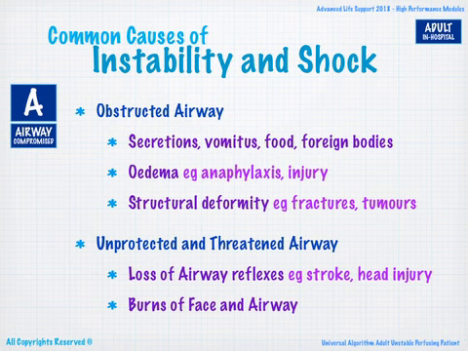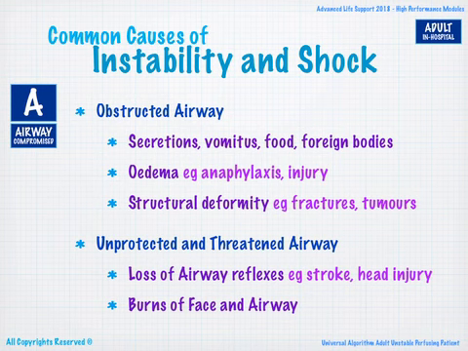The airway can also be obstructed due to unprotected or a threatened airway, and this is seen very often when the airway reflexes are lost. When the conscious level deteriorates in patients with severe stroke or severe head injury, then they lose their airway reflexes. And when the airway reflexes are lost, the airway cannot be protected anymore.